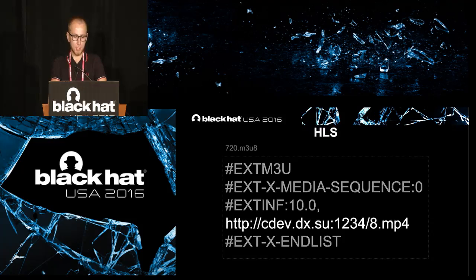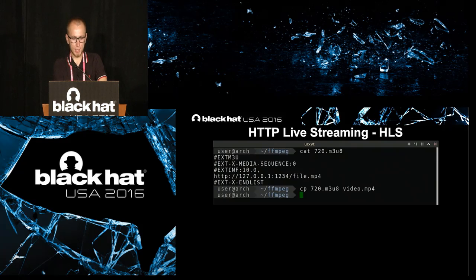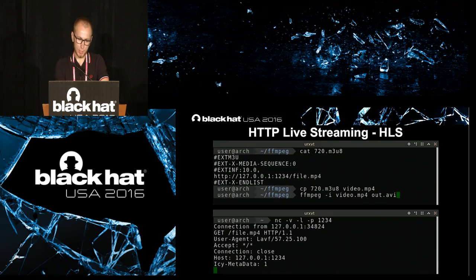This is how that playlist could look. It has a header and an HTTP link to a file. Let's try to save it as an MPEG-4 video, but actually it's not MPEG-4, it just has an MP4 extension. And try to convert it with FFmpeg. Let's try. And now we can see an HTTP GET request on our server on that URL.